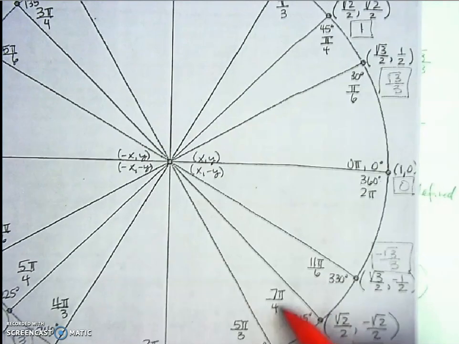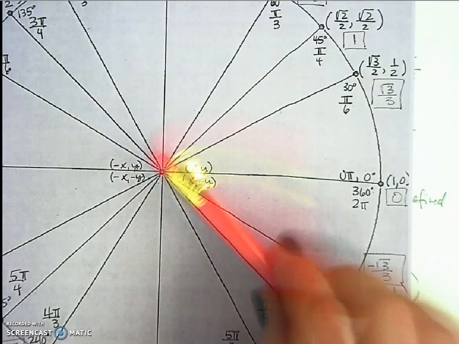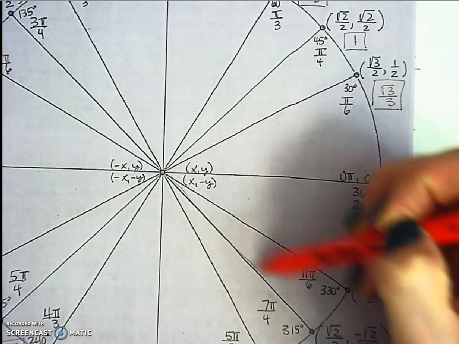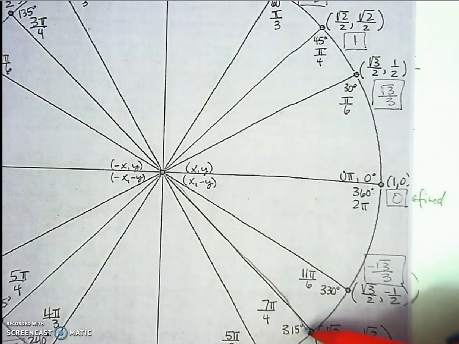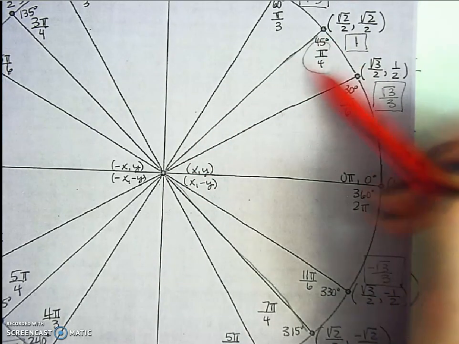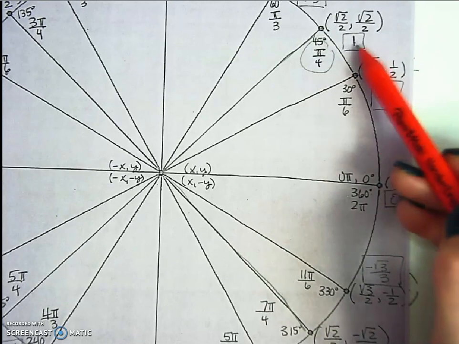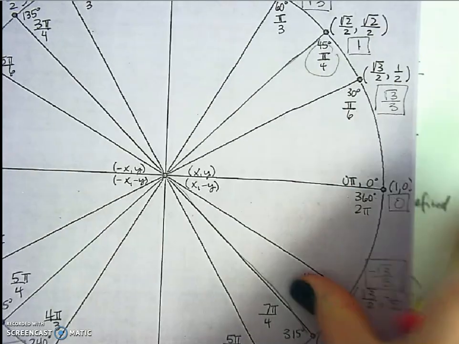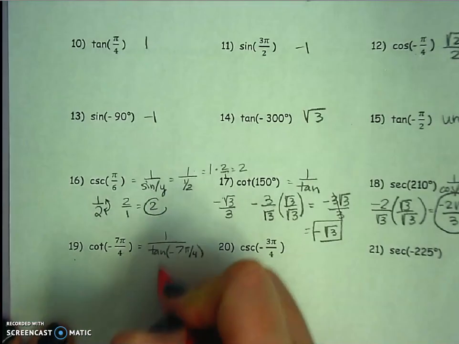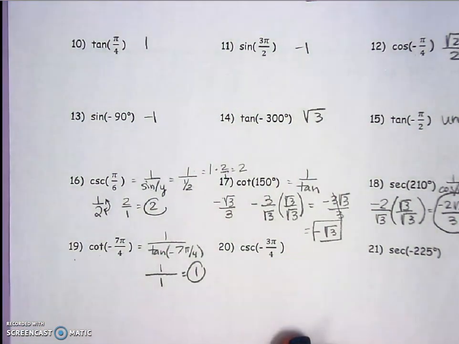Find the positive version of your angle, 7 pi over 4, which is right here, and reflect it over the x-axis. So reflecting it over gets us to here, pi over 4. And then we find the tangent value there, which is 1, and we're going to do 1 over that. So 1 over 1, which in this case just happens to be 1.